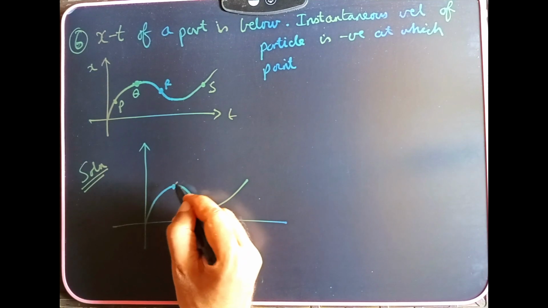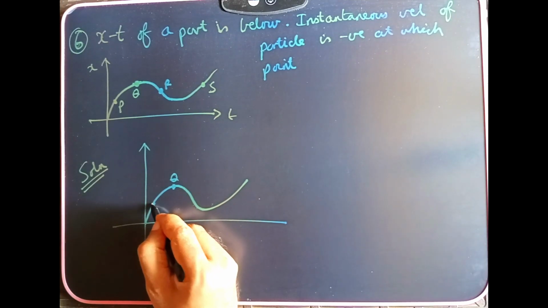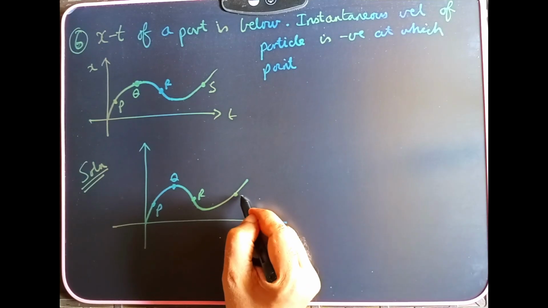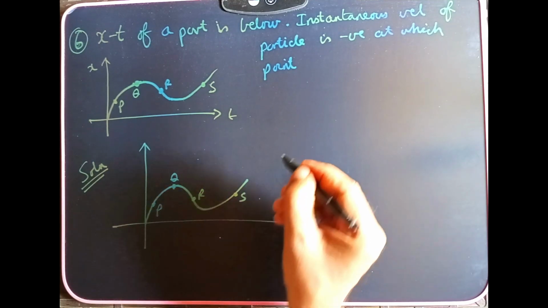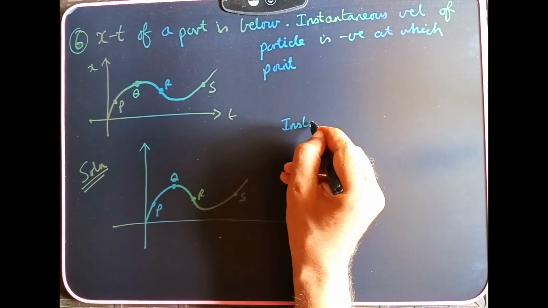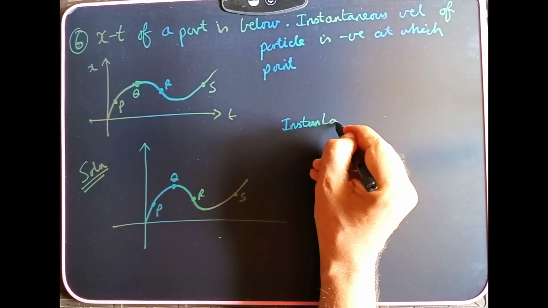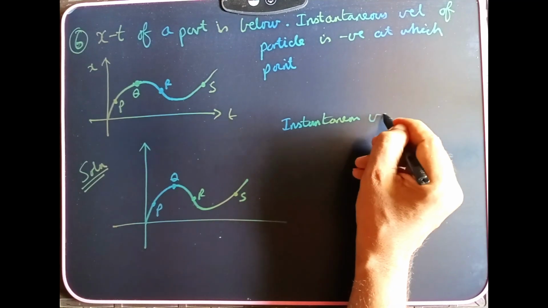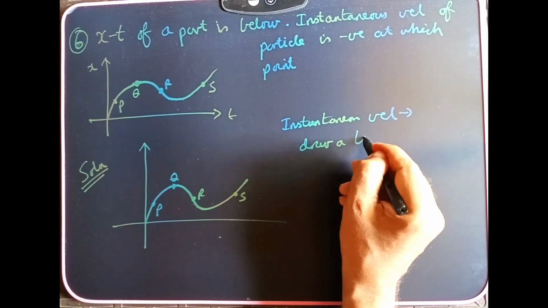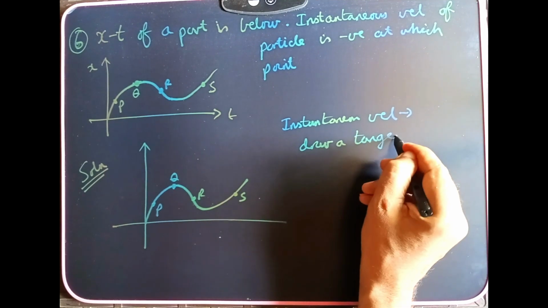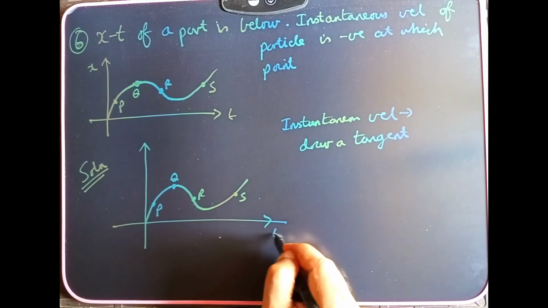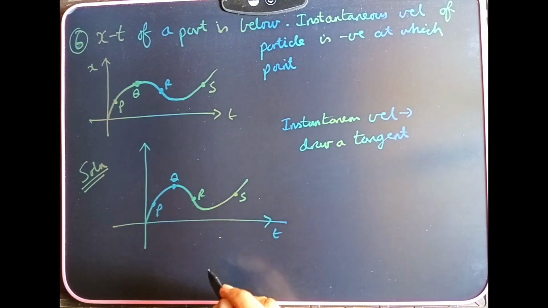This is point Q, this is point P, this is point R, this is point S. Now, in order to find the instantaneous velocity, we draw a tangent to that point, because a tangent is a shrinkage of the time period.